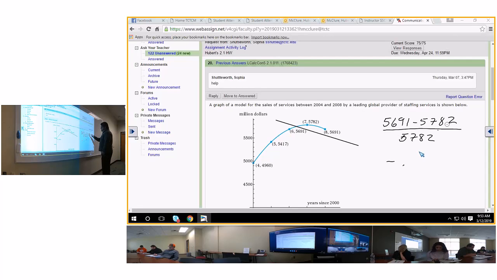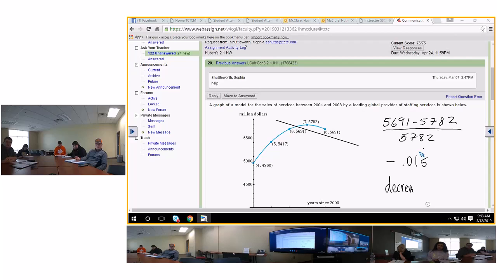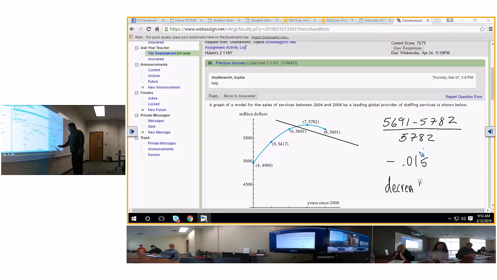So it's going to be a decrease of what? Point what? 0.01. Give me a third digit. It rounds up. It's 0.015. Okay. So that's going to be a 1.5% decrease. New minus old over old.